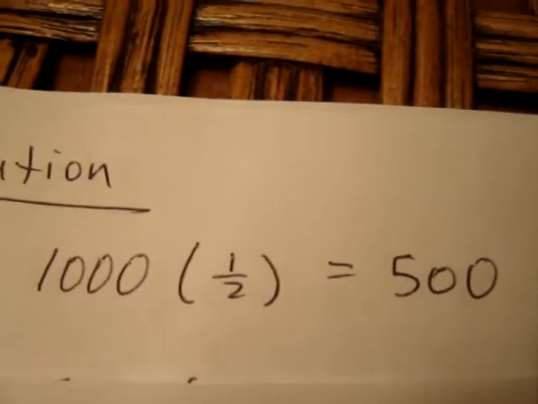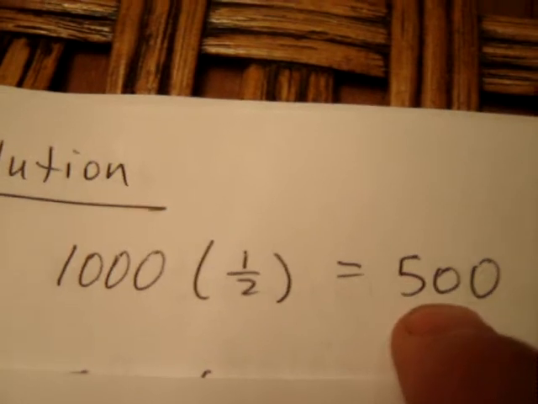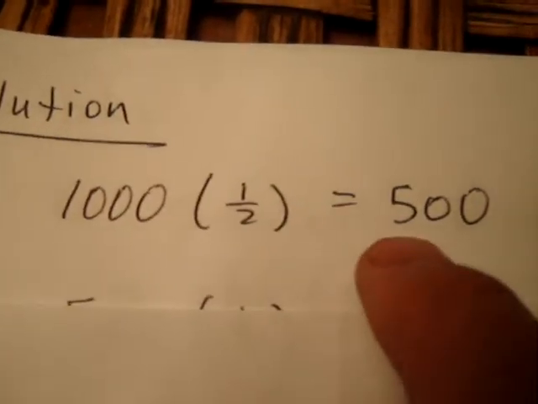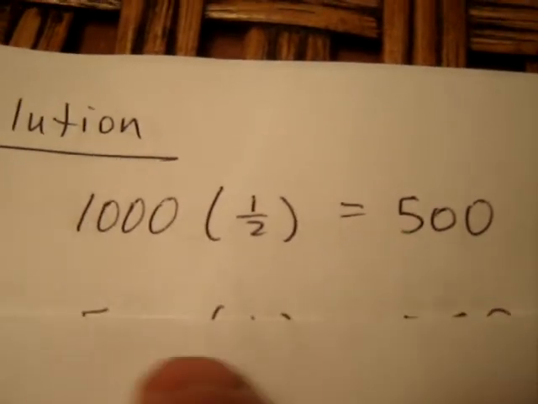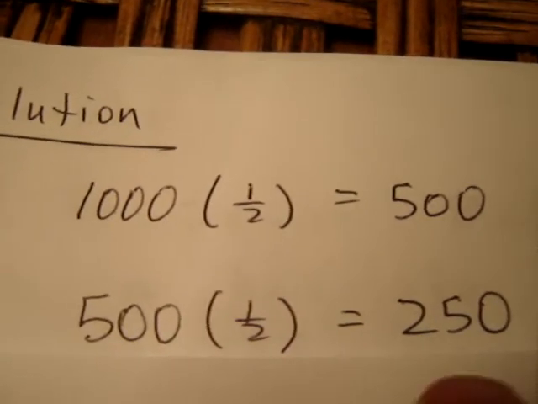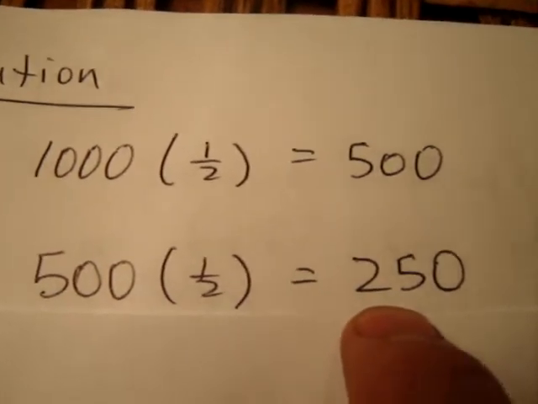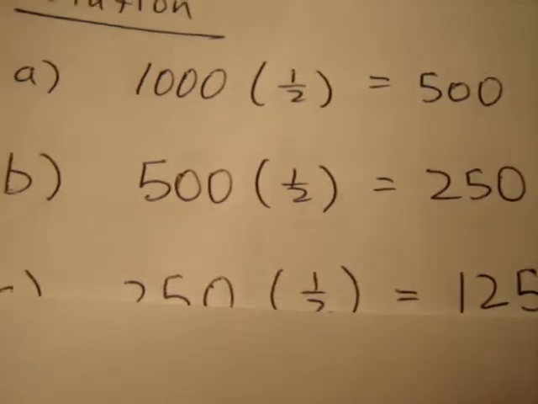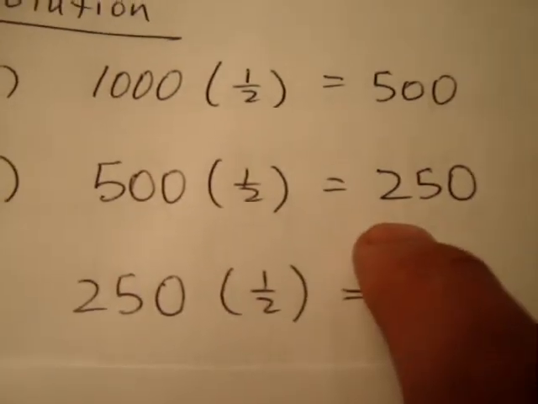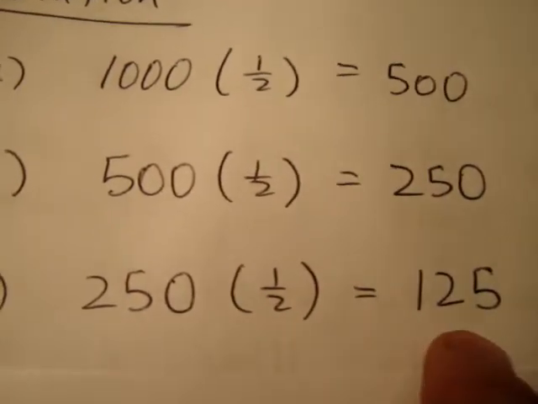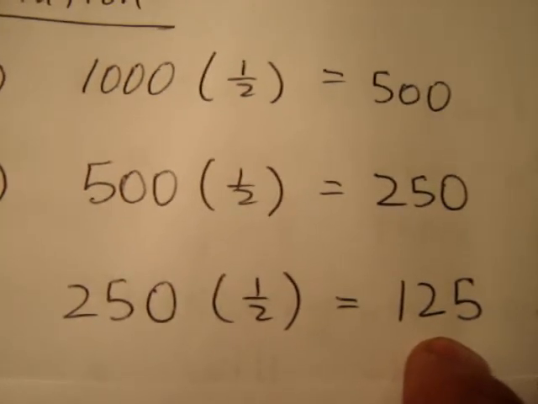A week after that, there will be 1/2 of what there was at the end of the first week. So we simply take the amount that we had at the end of the first week, multiply it by 1/2, and we find out that at the end of the second week, there's 250 grams of glacium. And finally, at the end of the third week, we take this number, multiply it by 1/2, and we have 125 grams of glacium.